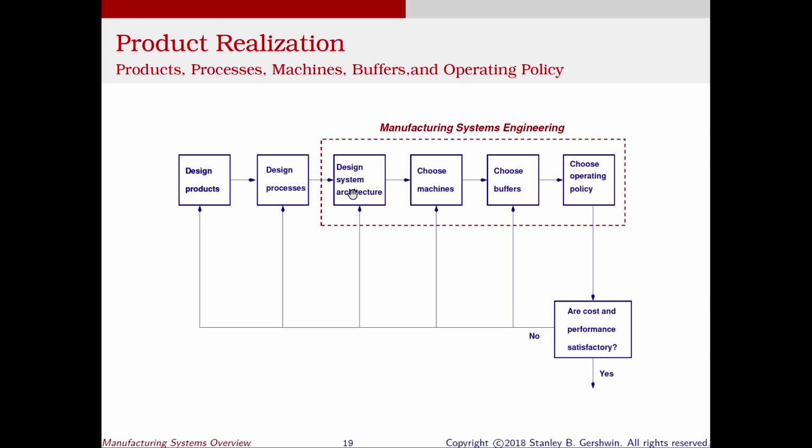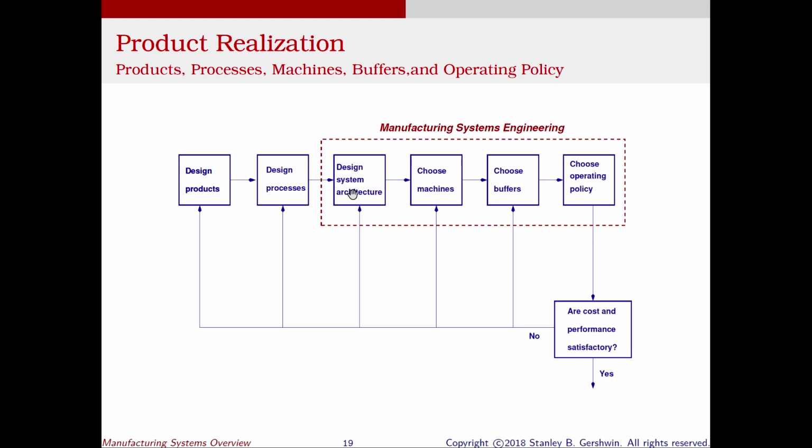First, you have to think about the structure of the system, the architecture, and we'll give some examples of that later. Then we have to choose the machines that will actually implement the processes and buffers that will store material between machines. Finally, we have to choose an operating policy, decisions that we have to make in real time in response to random events that take place, such as unexpected machine failures.